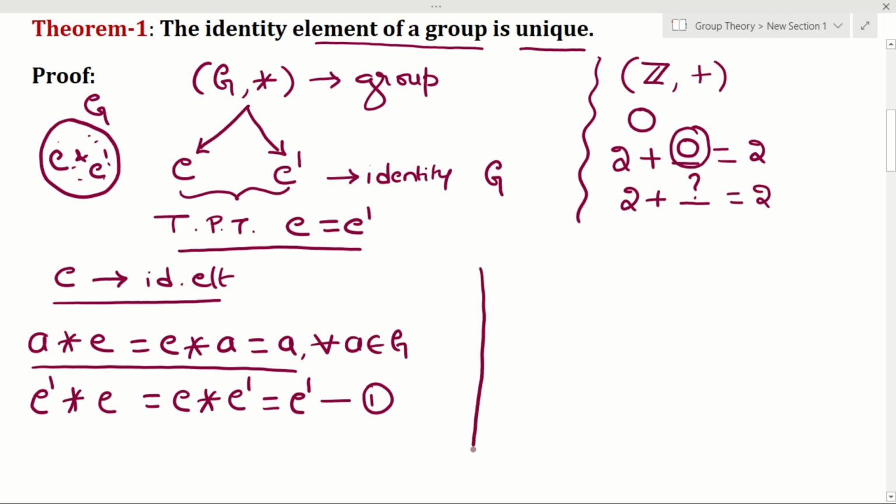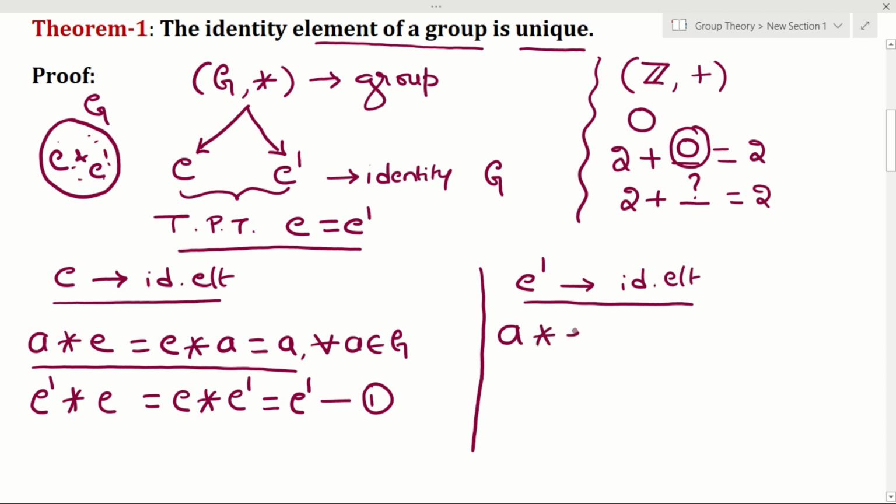On the other hand, we consider E dash as the identity element of G. Again, what is the identity law?